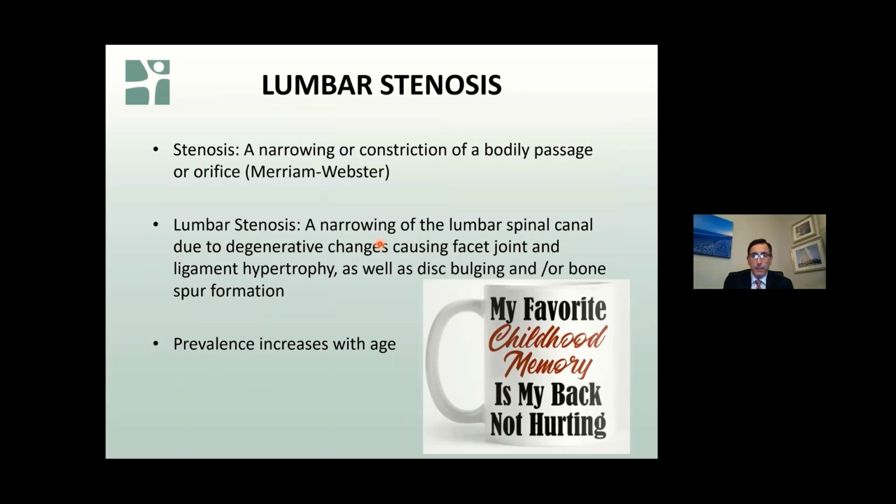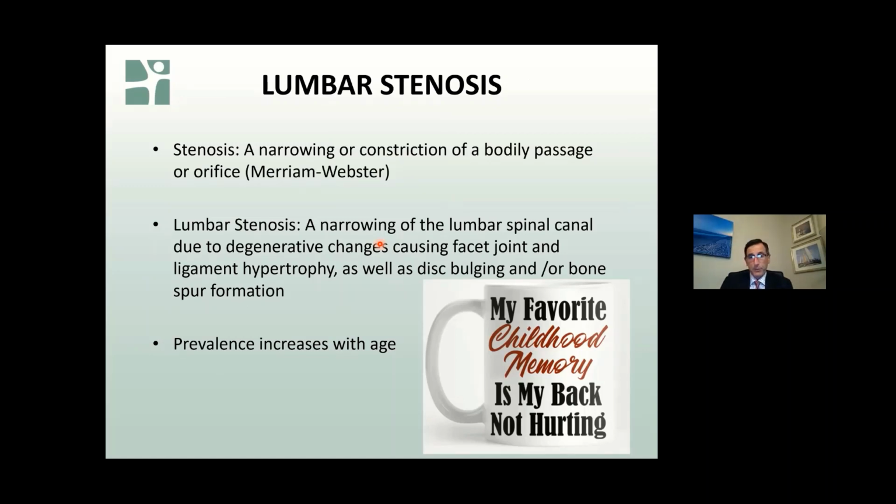So now I'll move on to lumbar stenosis. So stenosis, according to Merriam-Webster, is a narrowing or constriction of a bodily passage or orifice. And lumbar stenosis is a narrowing of the lumbar spinal canal due to degenerative changes causing facet joint and ligament hypertrophy, as well as disc bulging and/or bone spur formation, which is all a way to describe arthritis, which is joint degeneration that occurs with aging.